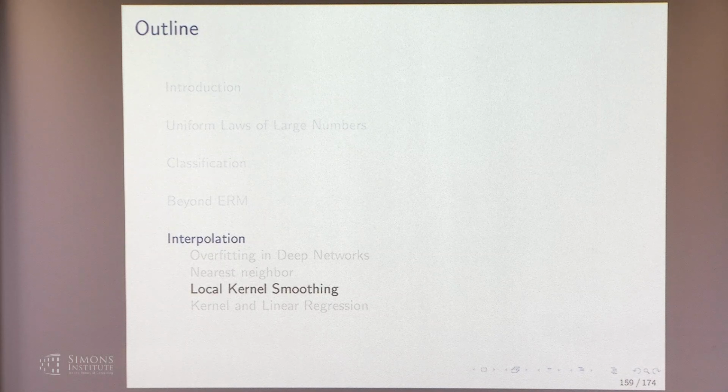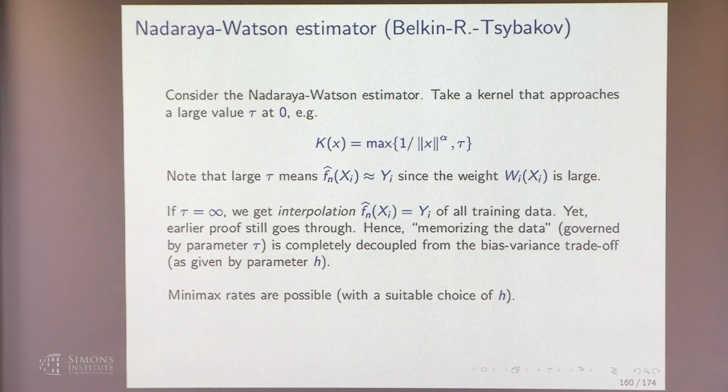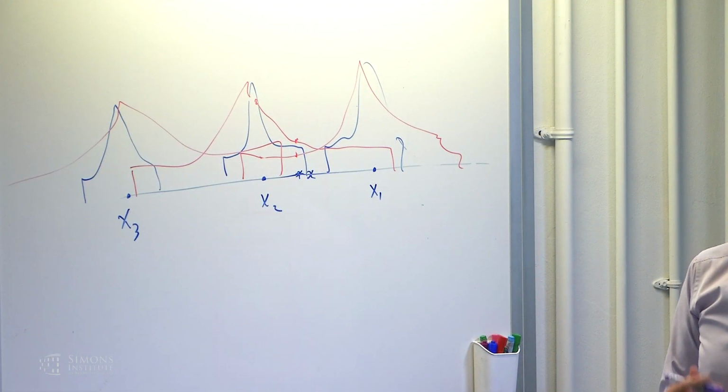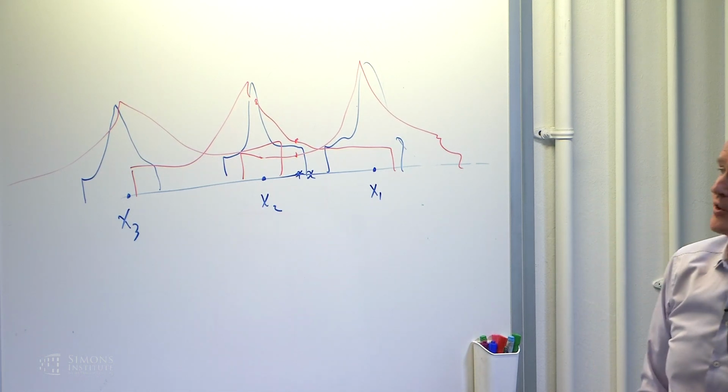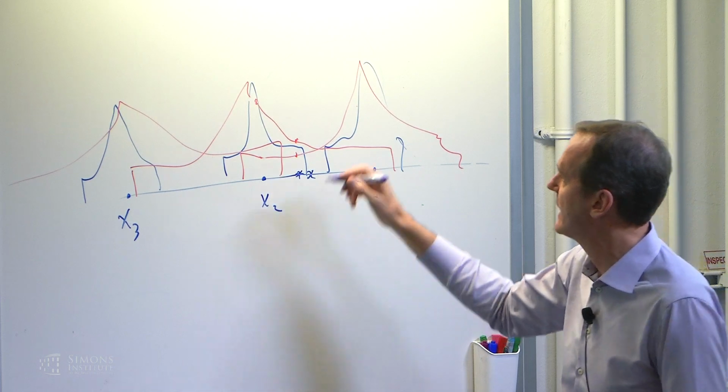The second approach I want to talk about is local kernel smoothing. So this is Sasha's work with Misha Belkin and Sasha Sivakov. So this is looking at, again, these Nadaraya-Watson kernel smoothing kinds of estimates. But instead of using something that is bounded, they consider these crazy kernels that go to infinity at the data points, right?